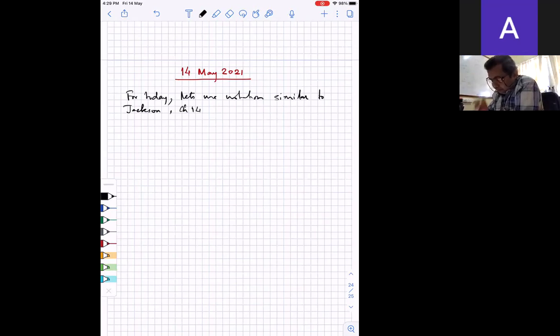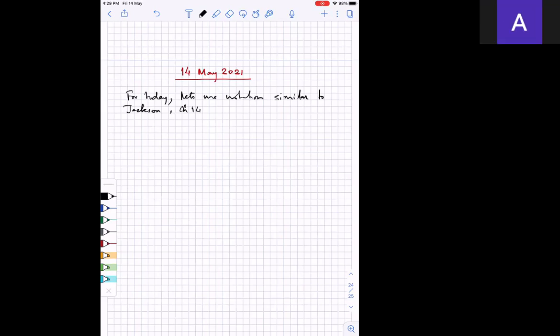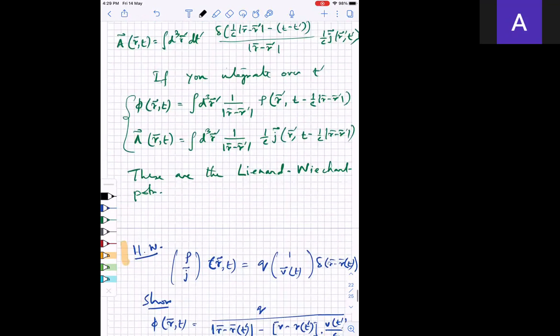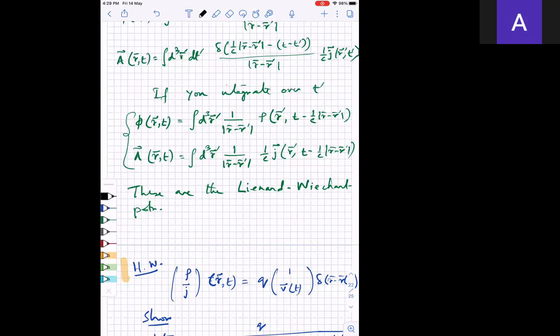The simplification is that instead of writing the source and the field point all the time by giving R and R prime, I'll define the vector R. Prime is always the source and unprimed is the field.